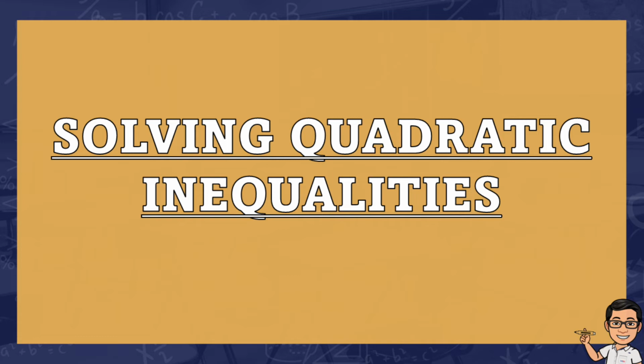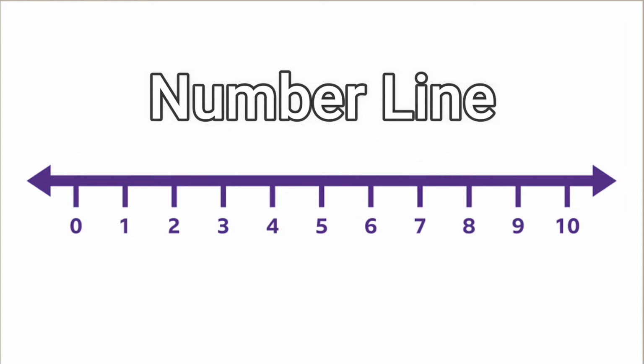So, since we are talking about solution set, it means yung magiging solution ng quadratic inequality is more than 2 ang possible na maging solution. So, sa pag-illustrate ng solution set, we're going to use the number line, okay, para mag-graph natin yung mga values ng x's na magiging solution ng ating inequality.